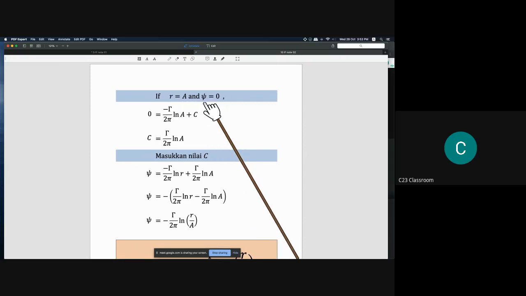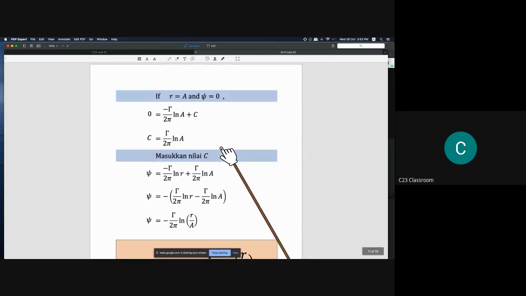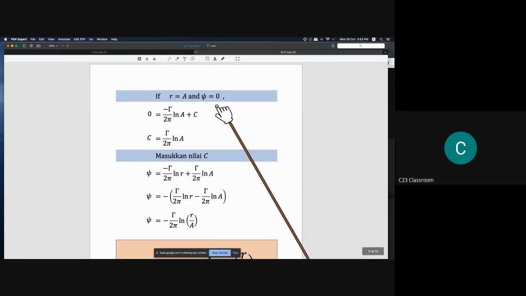So why do we put this one? Because in rotational movement like this, for sure it has constant radius, so it cannot have r equal to 0. So we just assume that it will rotate at a certain radius, and we assume that psi is equal to 0.